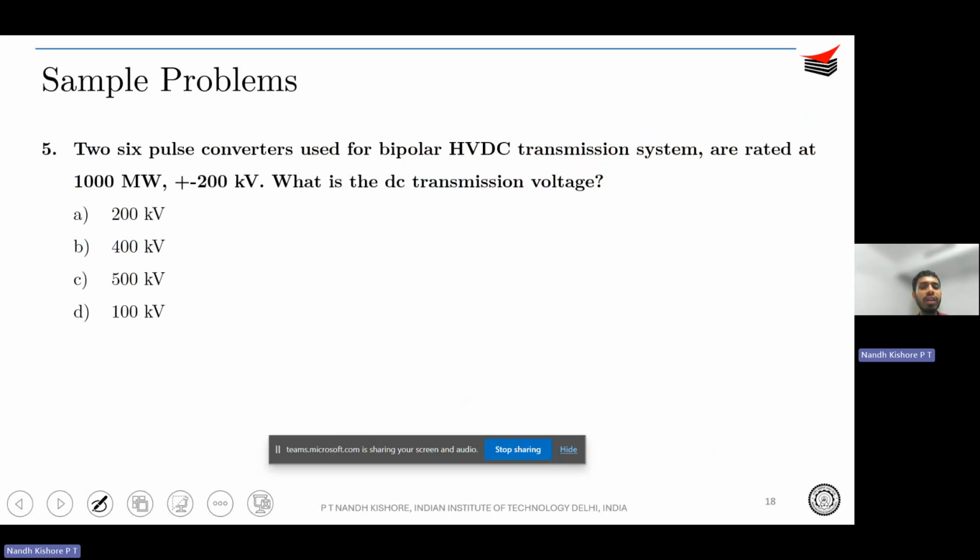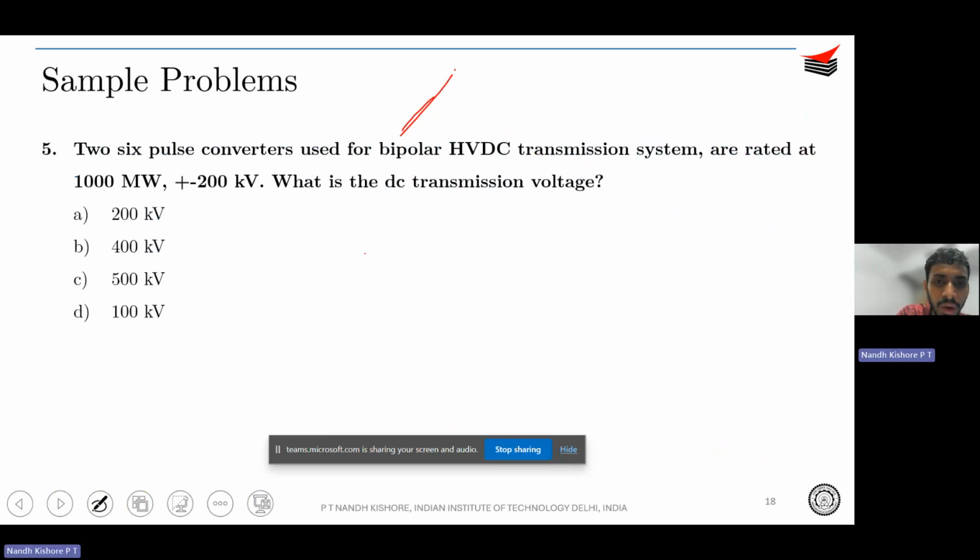Two 6-pulse converters used for a bipolar HVDC transmission system are rated at 1000 megawatt, plus or minus 200 kilovolt. What is the DC transmission voltage? Is it 200 kilovolt, 400 kilovolt, 500 kilovolt, or 100 kilovolt? Given it's a bipolar system, what did we say in a bipolar system?